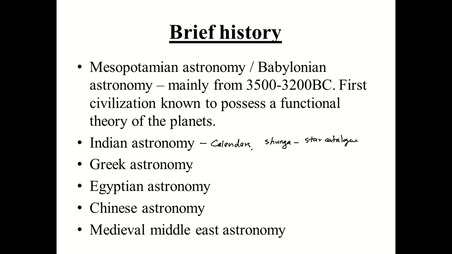Another astronomy is the Greek astronomy. It's also an ancient astronomy. The first geometrical three-dimensional models to explain the apparent motion of the planets were developed in the 4th century BC by Eudoxus of Cnidus and Callippus of Cyzicus.